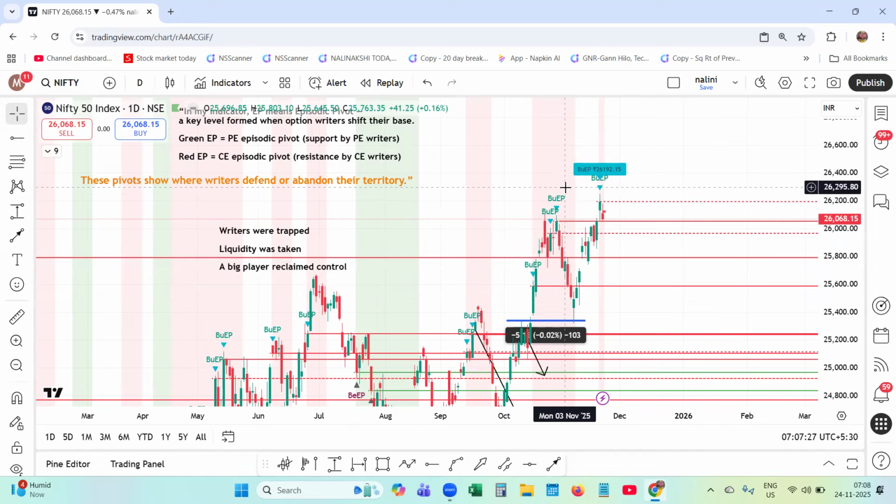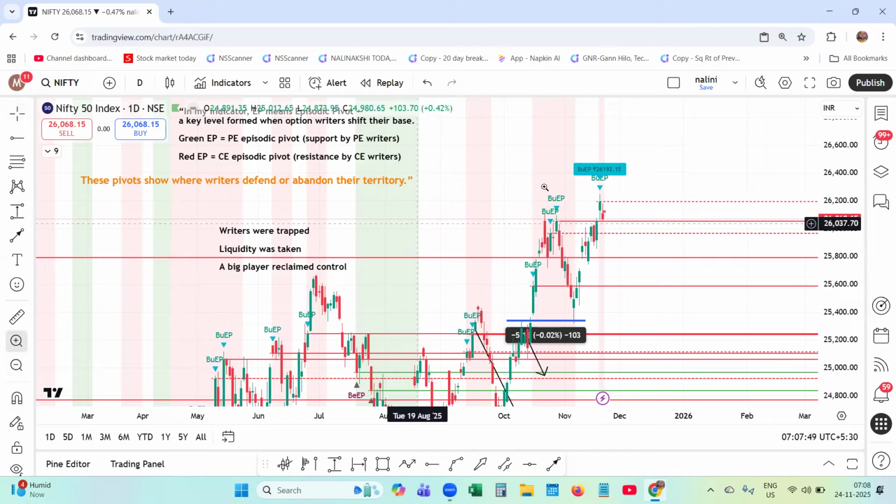See, now we are seeing only red episodic pivots, red lines, that is the writers' zone. We are in the writers' zone. One by one, writers have been eliminated and a new bullish episodic pivot has been formed.